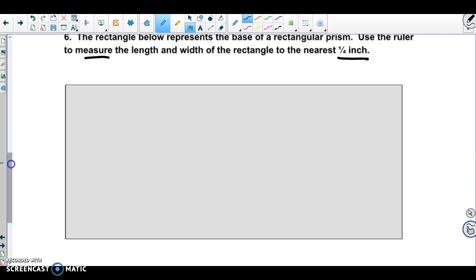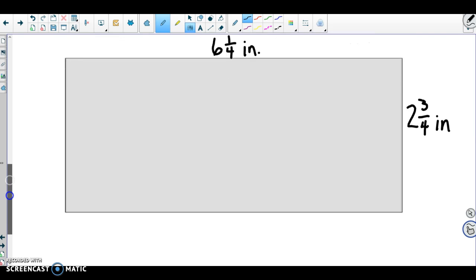If I measure this top or the bottom, either one, you should end up with 6 1/4 inches. And if you measure the height, which is on either side, it ends up being 2 3/4 inches. Again, you've got to come in and ask if you're not getting that.